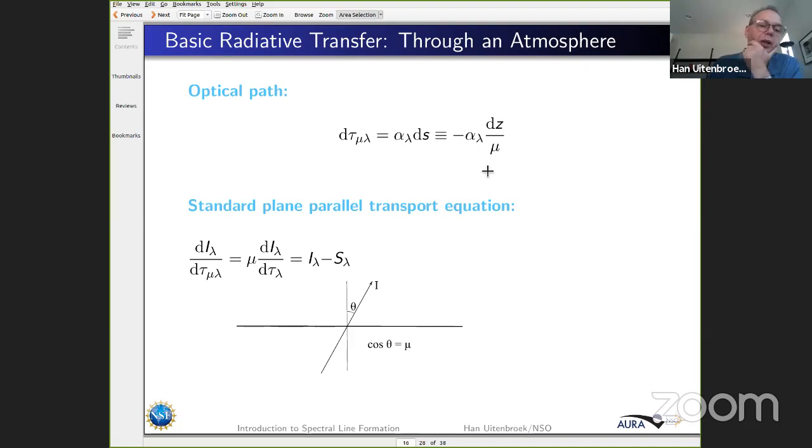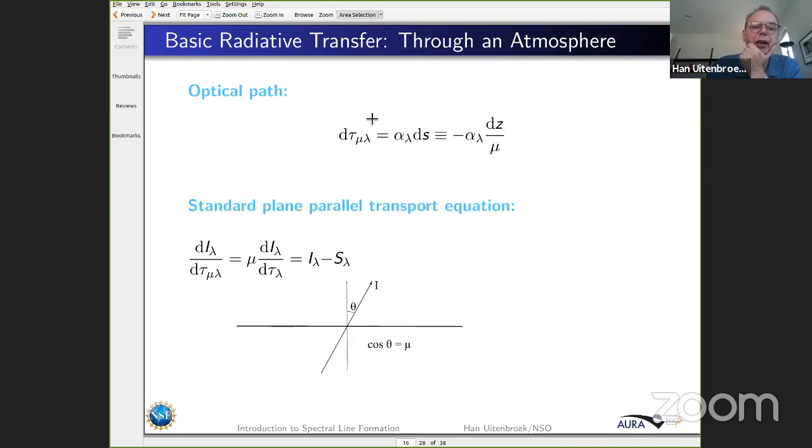Basically, you assume, and we know, that the optical depth goes to infinity because the atmosphere is so thick, the sun is so large when you go deeper. And plane parallel means that the atmosphere does not vary in property in the horizontal direction. So we just have a semi-infinite atmosphere that is constant at equal height in all directions.